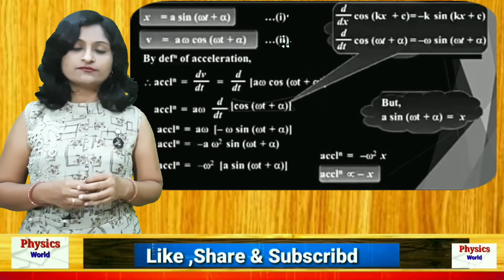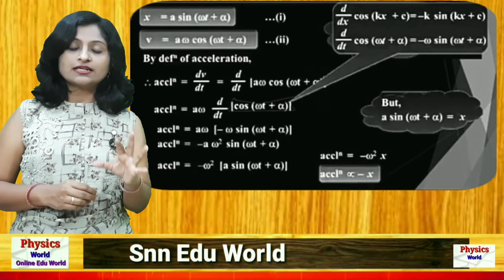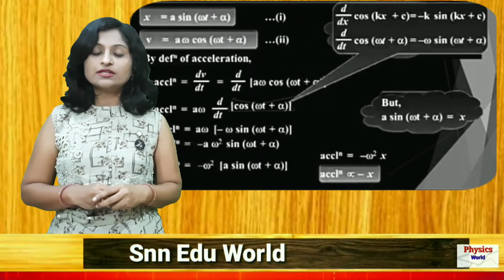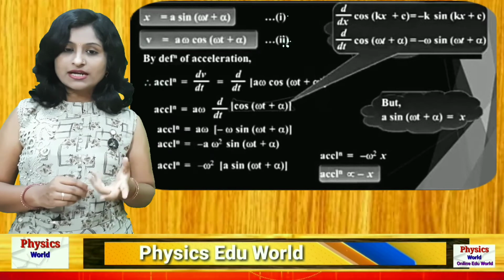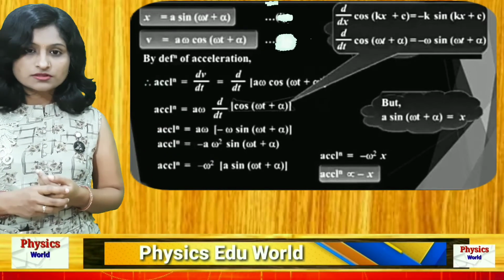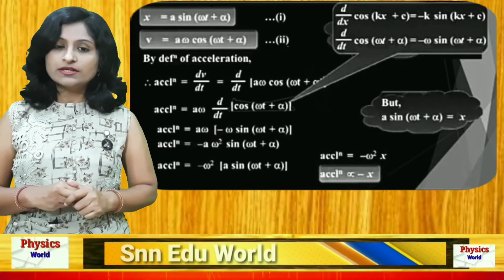We already derived that when a particle performs simple harmonic motion, it undergoes an acceleration which is like this: minus omega square x. If omega square, that means the angular frequency, is constant, then acceleration is directly proportional to x.